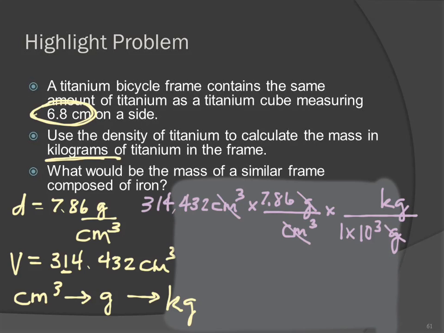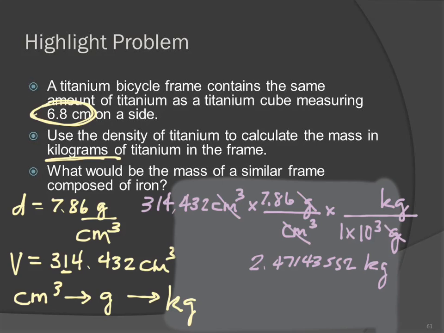Okay, so we do the math there on the calculator. 314.432 times 7.86 divided by 1 EE3. There's no times 10 or anything in there. And the calculator is showing me 2.471435552, and that will be kilograms.